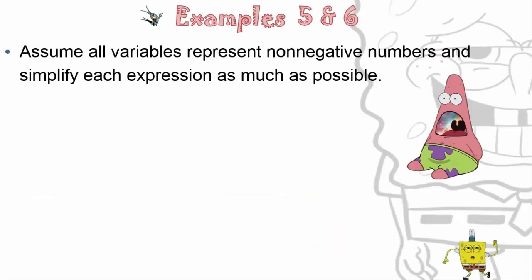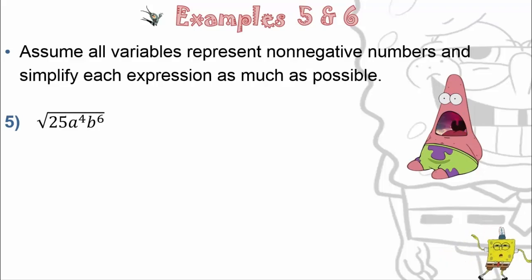Examples 5 and 6. Assume all variables represent non-negative numbers and simplify each expression as much as possible. So here we're actually doing things with variables. So let us go to the whiteboard and work this one out. Since we're looking at things in algebra, that means we're going to be looking at things with variables.